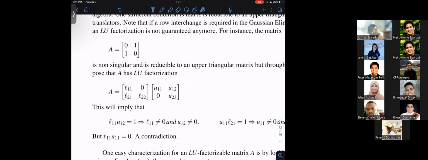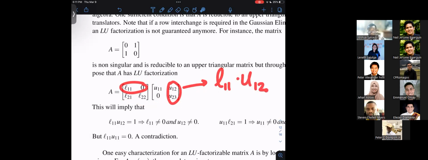Well, if I multiply the first row by the second column, I'll get L11 times U12, and that will be equal to the entry on the first row, second column, which is 1. So L11 times U12 should be equal to 1 if this factorization is true, right?